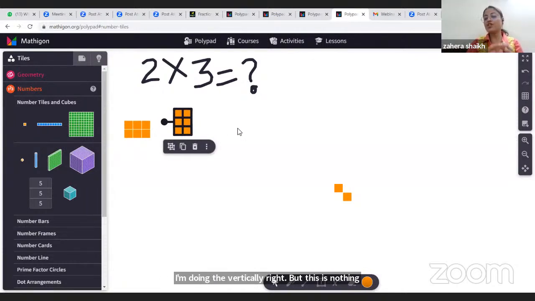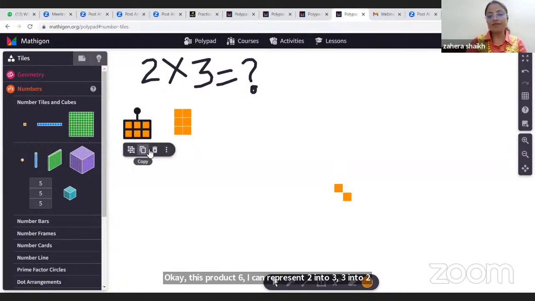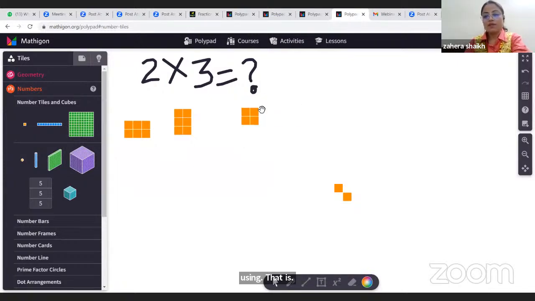How many different combinations am I using to represent the product 6, which is nothing but the multiplicative fact they are learning, right? So here they are able to understand, okay, this product 6, I can represent as 2 into 3, 3 into 2, and there is another way also.